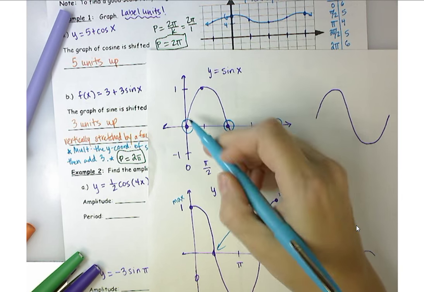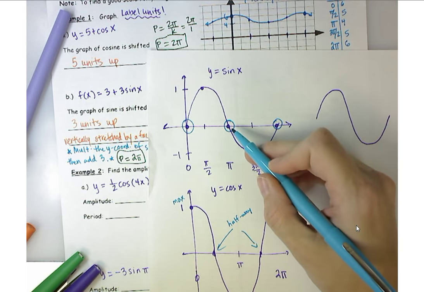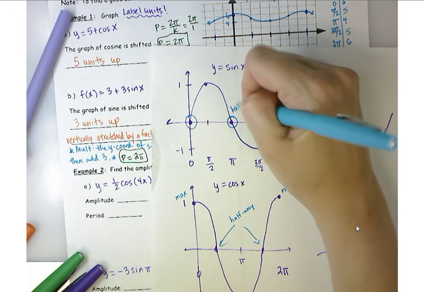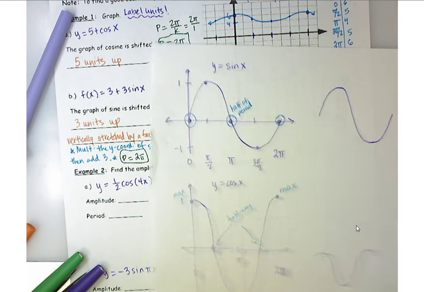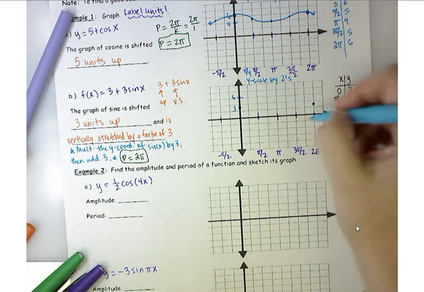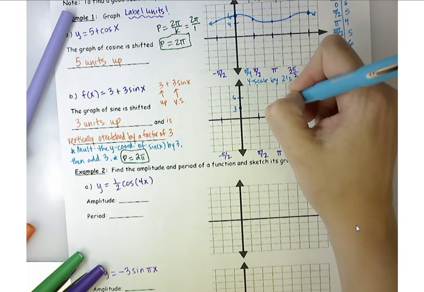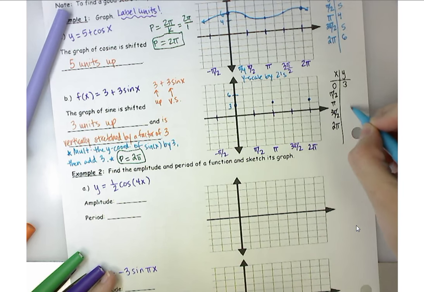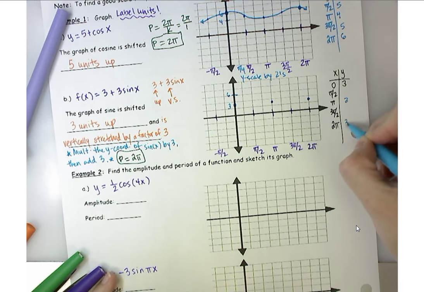So the start of the period, the end of the period, and halfway of the period. Okay, so for this one, the halfway is pi, and again I'm going to be at 3. So this would be 3, this would be 3, this would be 3.